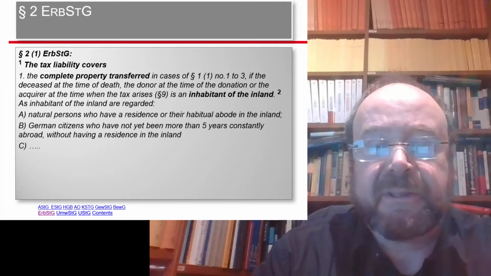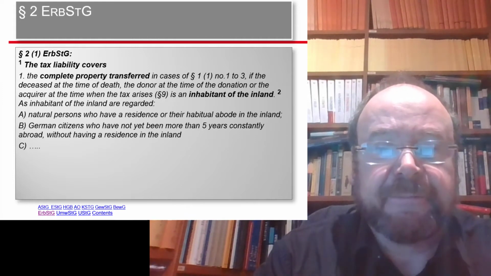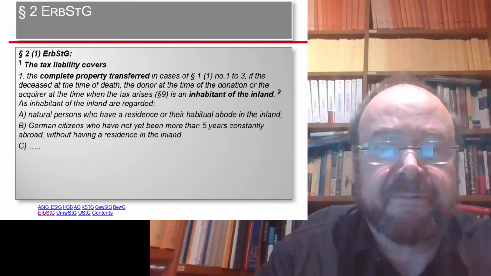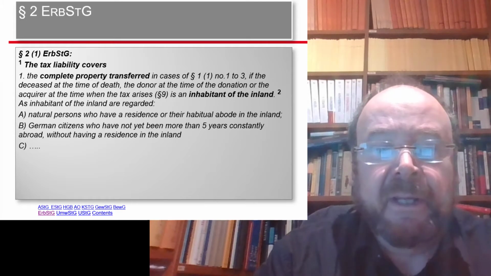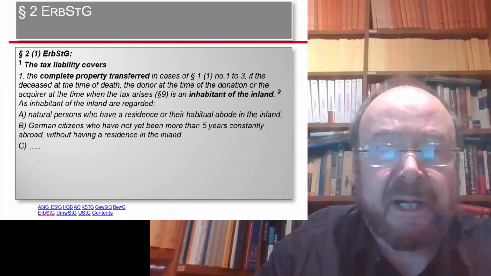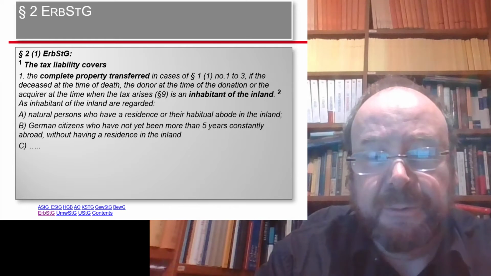The tax liability covers the complete property transferred here, that's meant worldwide, if the deceased at the time of death, that would be Mr. X, is an inhabitant of the inland, and that he is an inhabitant of the inland results from paragraph 2, 1, number 1, sentence 2.